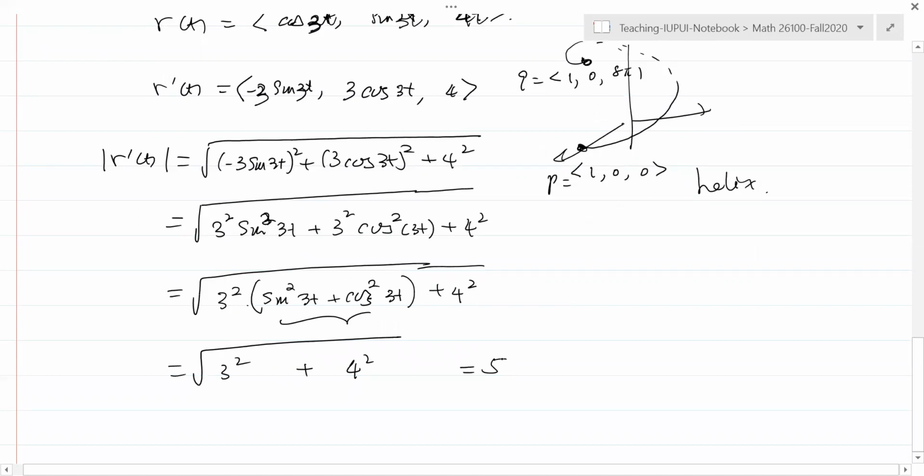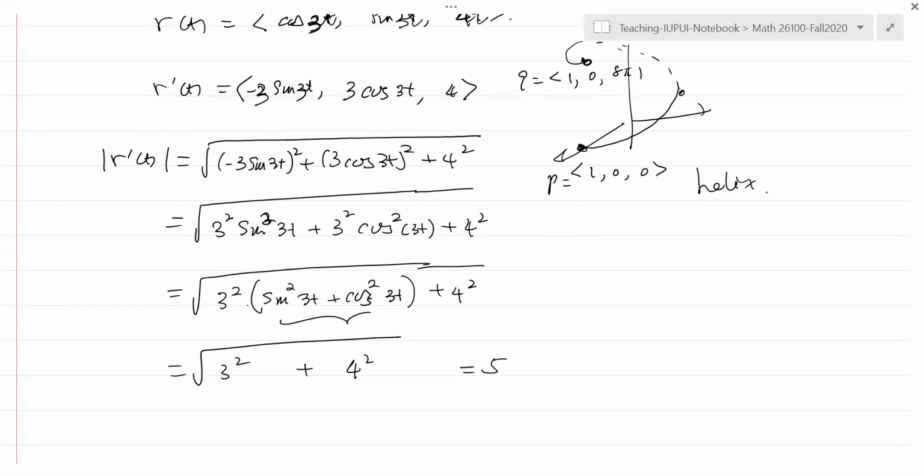So the tangent vector has constant length. And also, if the vector equation describes the position of a moving object, that means this velocity has a constant length, so the speed is constant. It's moving at a constant speed along this orbit.